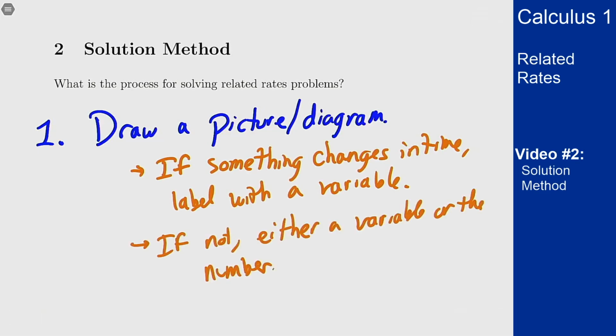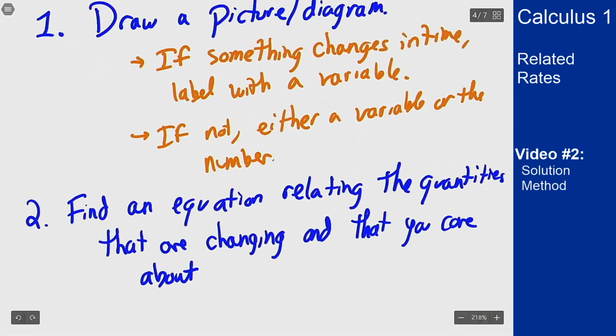The next step is to use your picture and your geometric knowledge to figure out an equation that relates the two or more quantities that you care about in this problem, namely the ones whose rates you know and whose rates you don't know. And the main thing here is if you put a variable in this equation, make sure it's on your picture and you know something about how it's behaving.